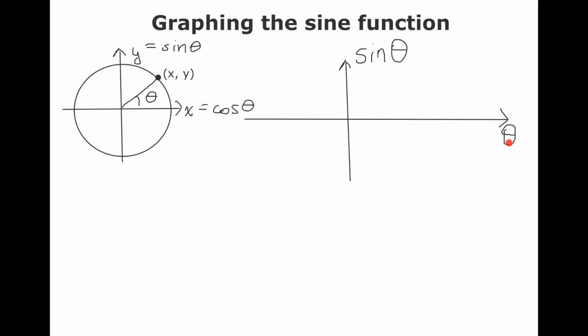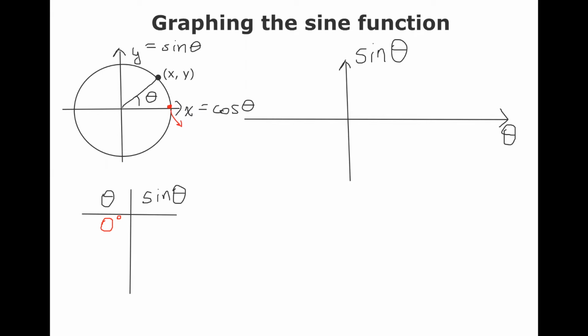So in order to do that, I'm going to start by drawing an XY table where I'm going to have over here my independent variable, theta, and my dependent variable, the sine of theta. So let's pick some really easy angles first, just to start with. What if my angle theta is 0 degrees? Well, if my angle theta is 0 degrees, it is going to be right over here.